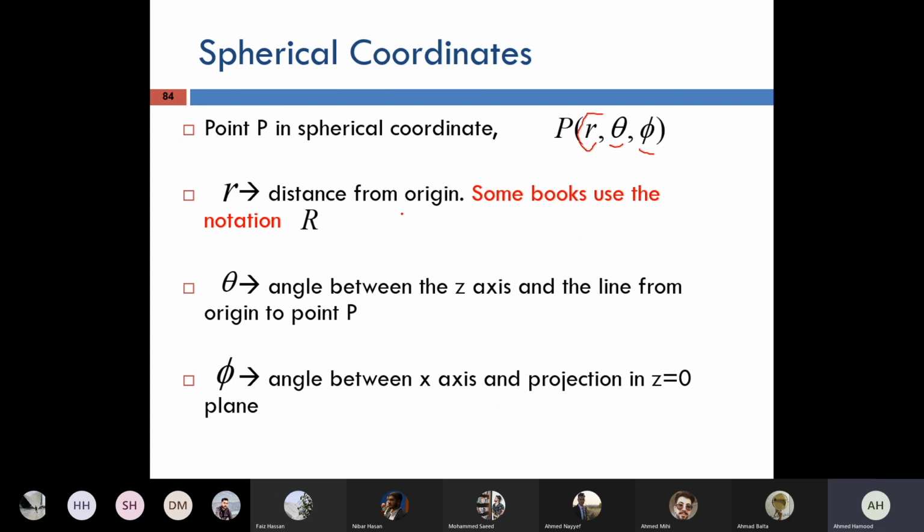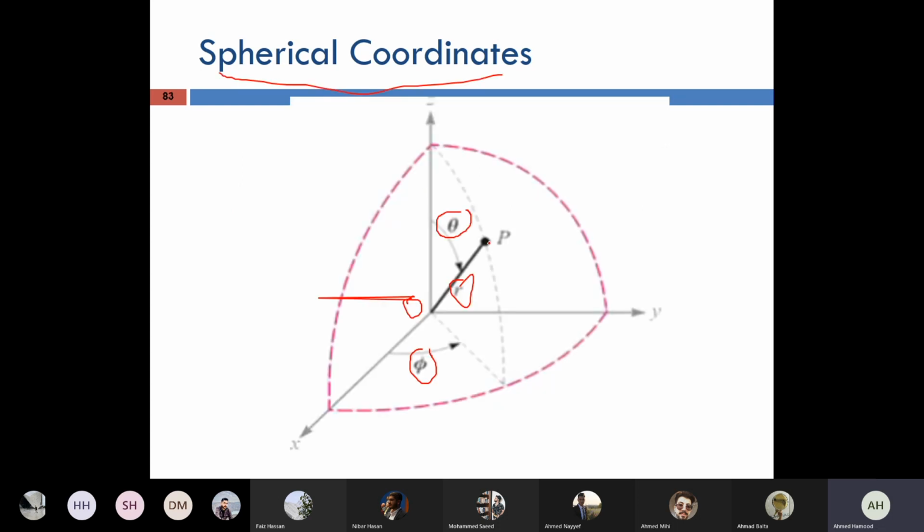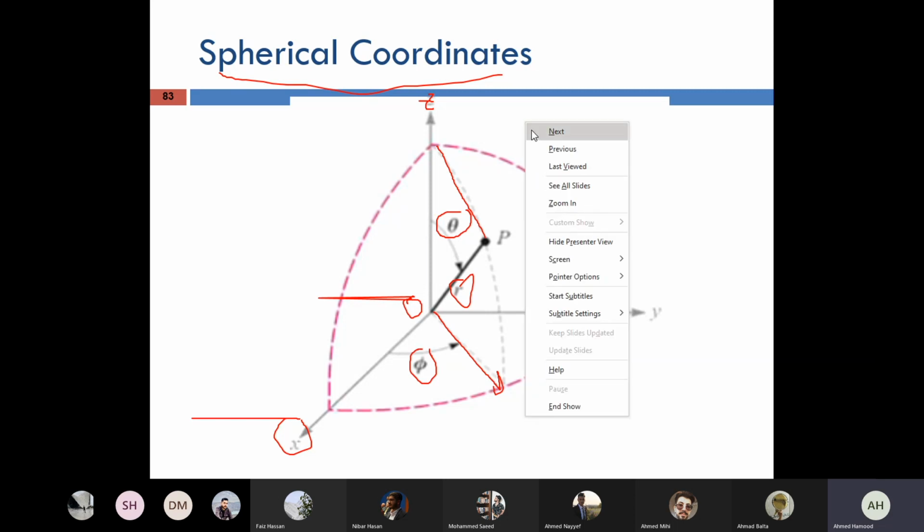R is the distance from the origin, which is this one. And theta is the angle between z and the original line here, this one. Also, phi here describes the angle between x and the projection in the xy plane. So let's see what we have.